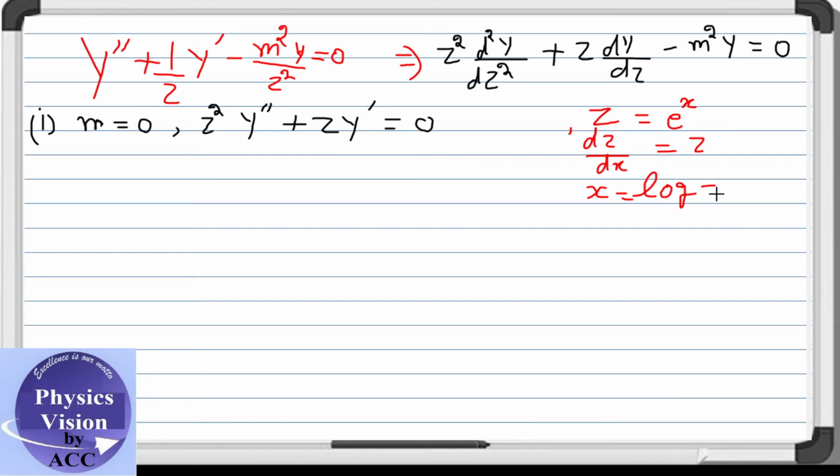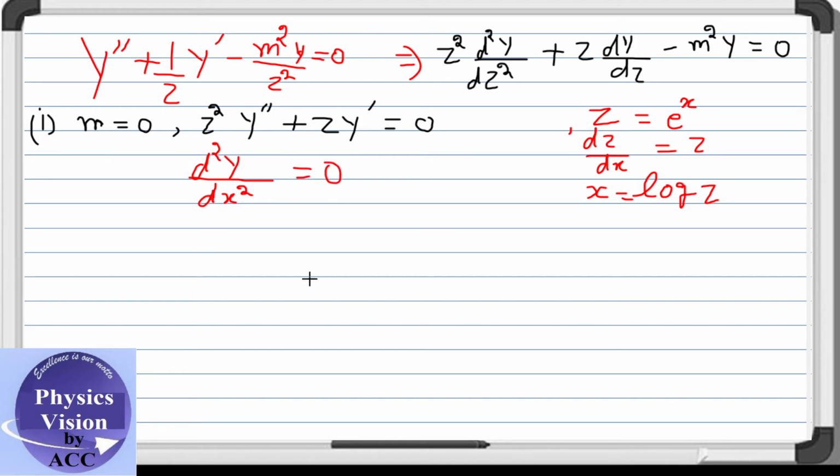We will get a new equation in the variable x, which is given by the double derivative of y with respect to x, that is d square y by dx square, equal to 0.